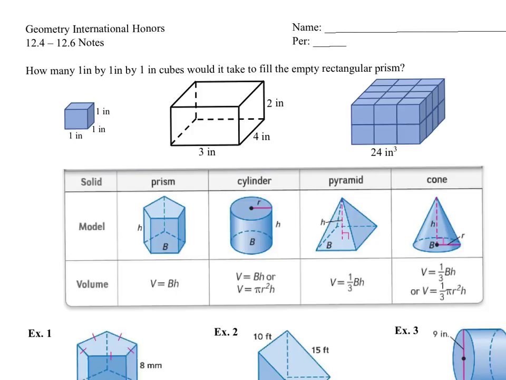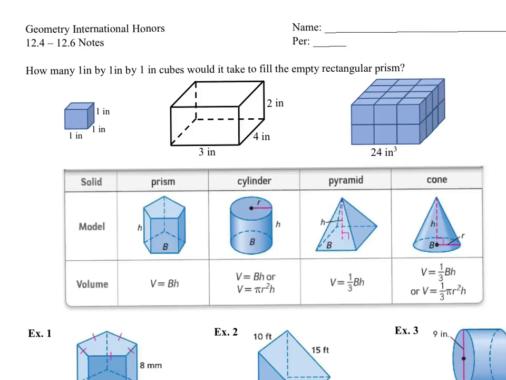All right, and then for cones and pyramids, we could do an illustration where let's say we took this cylinder and this cone. They have the same height and the same base radius, okay? If I were to fill up this cone with water and pour it into this cylinder, it would fill a third of the cylinder.